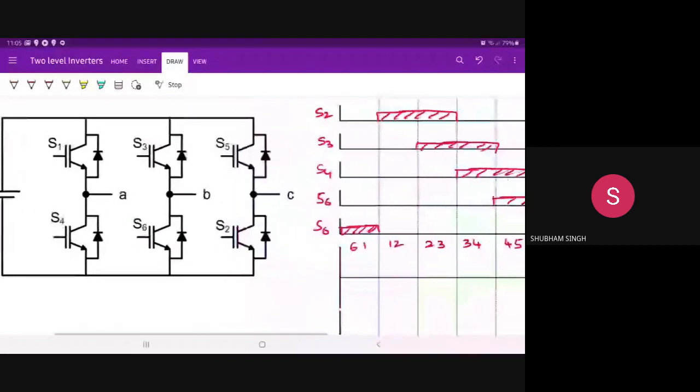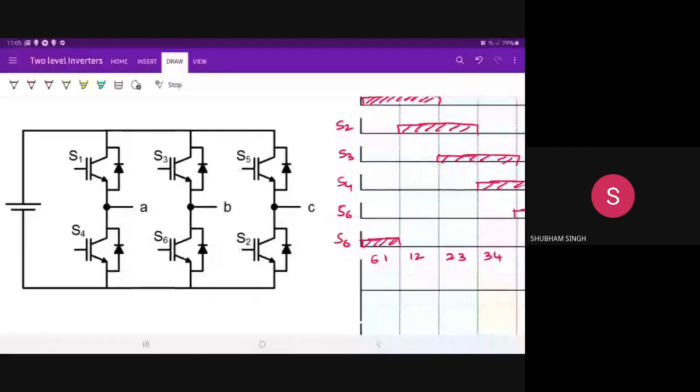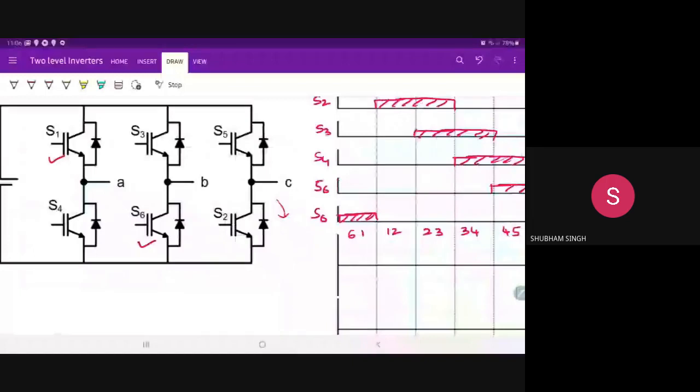In the first mode, 6 and 1 are in conduction. This 1 is in conduction, and this 6 is also in conduction, right? And there is nothing from this C phase. That means this C phase is floating now, meaning no wire is connected. Clear?